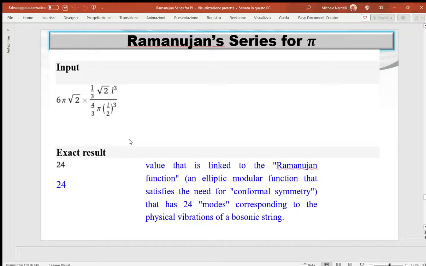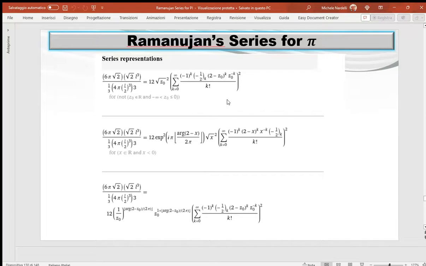This is a fundamental link, a fundamental connection with string theory. Also here we obtain the series representation.